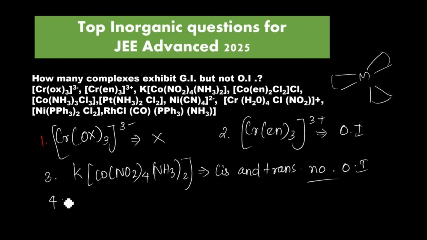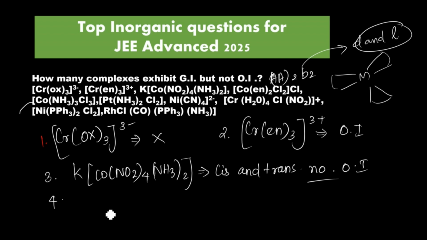Then the fourth one, that is again AA2B2 type, which can exhibit geometrical isomerism, that is cis and trans. The cis one can give D and L, but we don't want that. We don't want any optical isomerism, so that is omitted. Then this one, which is A3B3 type, I think this is the fifth one.